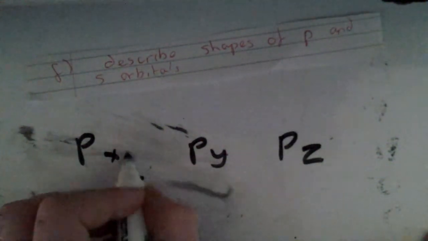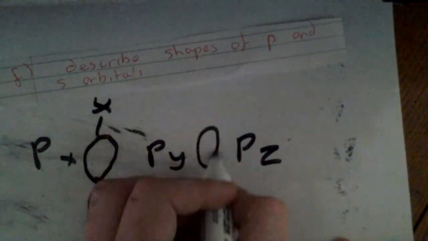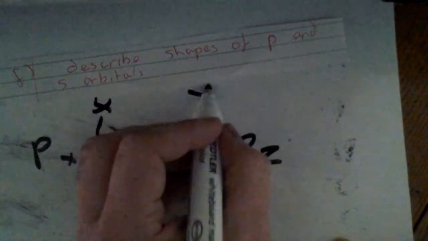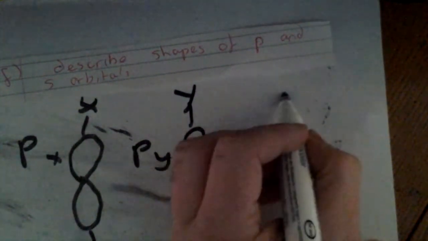They are dumbbell shapes, where they dissect the x-axis, the y-axis, or the z-axis. Each of them has a node.